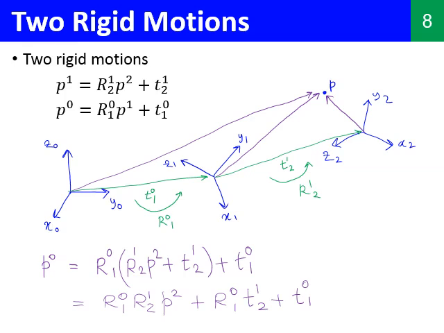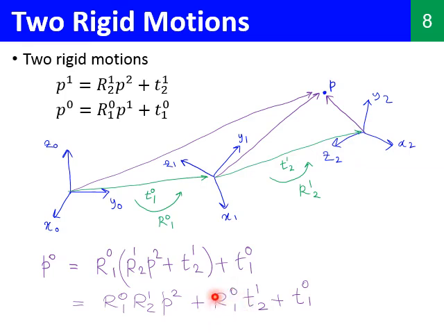Now there are a few things we can actually observe from this equation. One is all these vectors are in frame 0. This one is in frame 0, so this is this green vector over here. And this one, this is T2 vector represented in frame 1, but it has also been rotated to frame 0 by this rotation matrix.